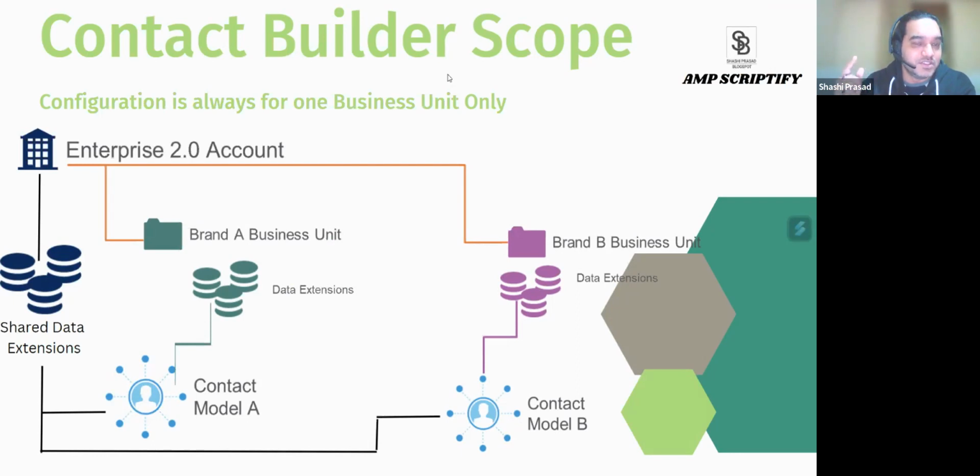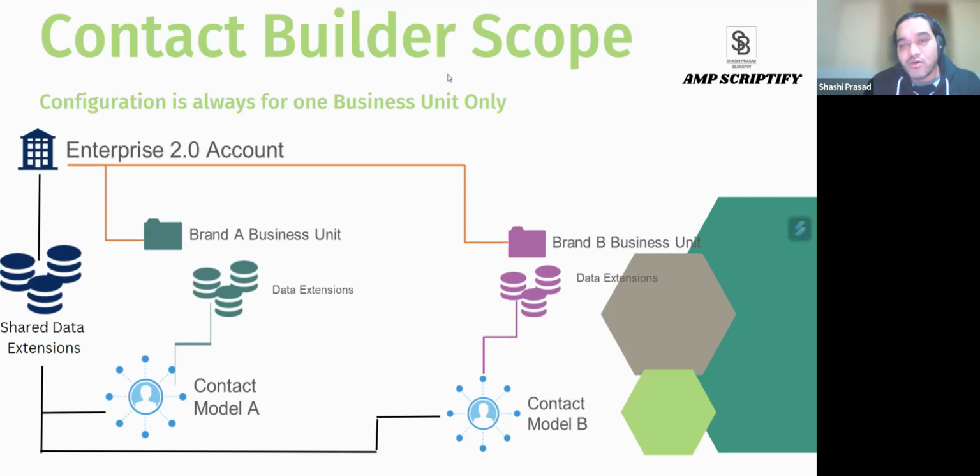That will be your parent business unit. And your child business units you define based on your client, either by brand, by region, or by different portfolio, depending on how they are managing their account. In this example, I'm taking Brand A and Brand B, so I'm dividing the business units between different brands.